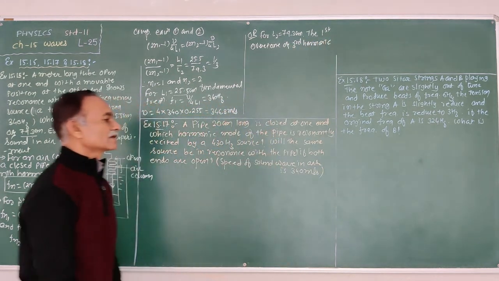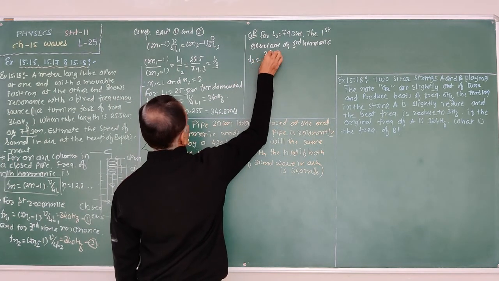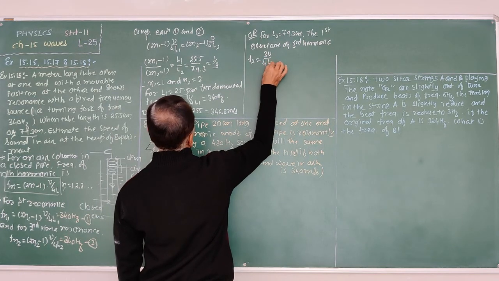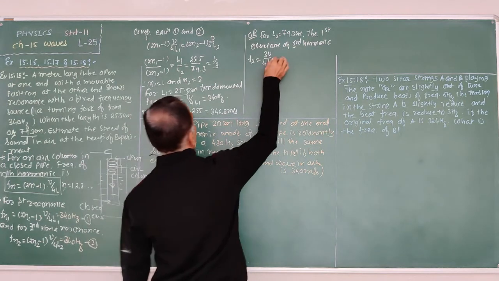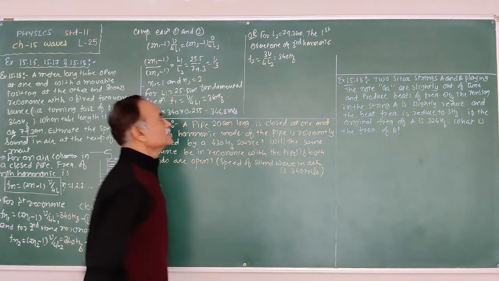The frequency F2 is equal to 3V upon 4L2. That is also 340 Hertz.